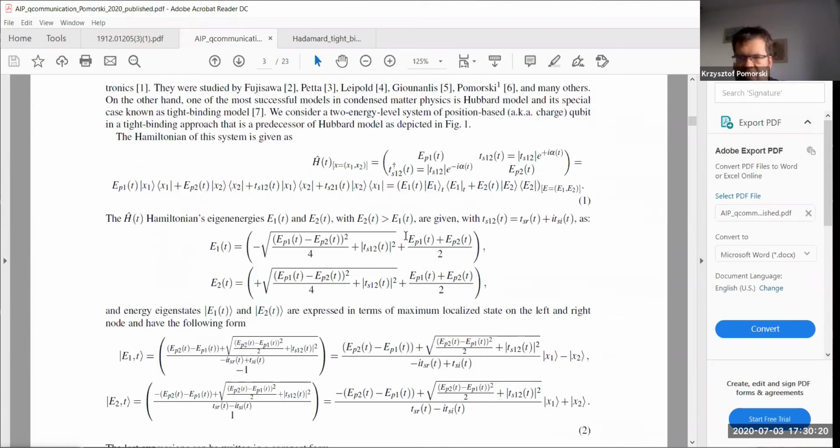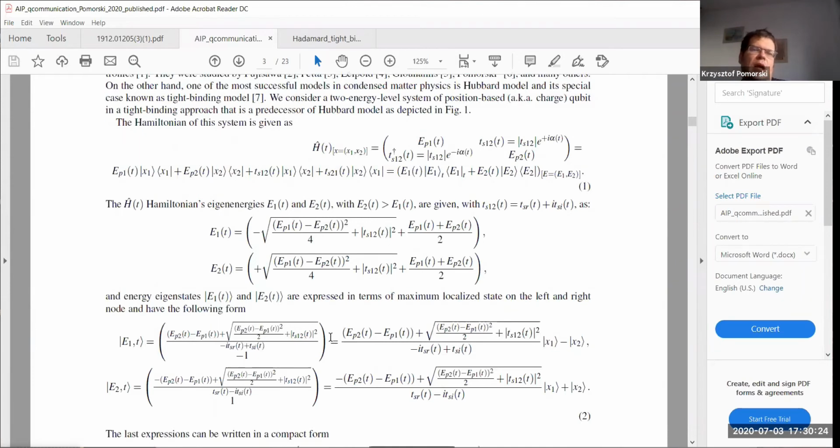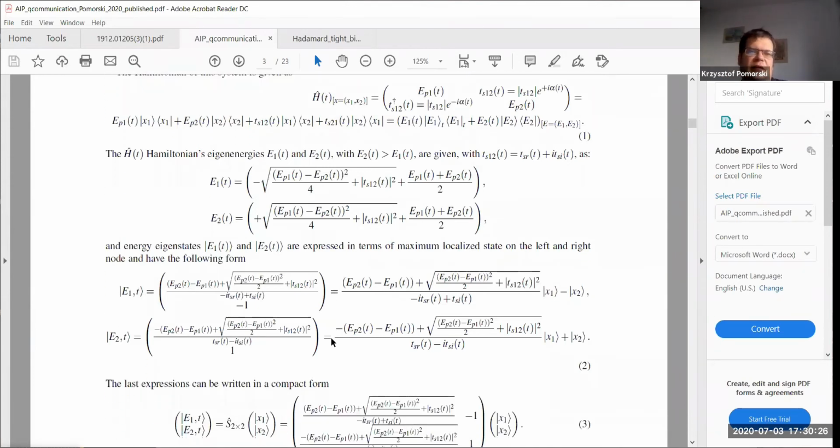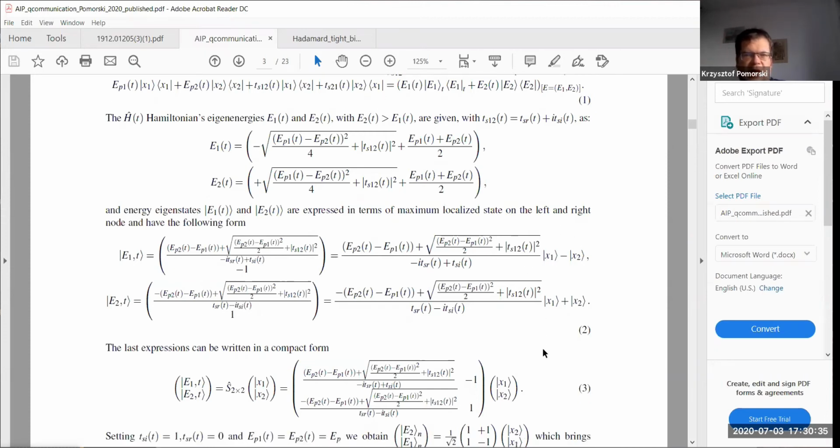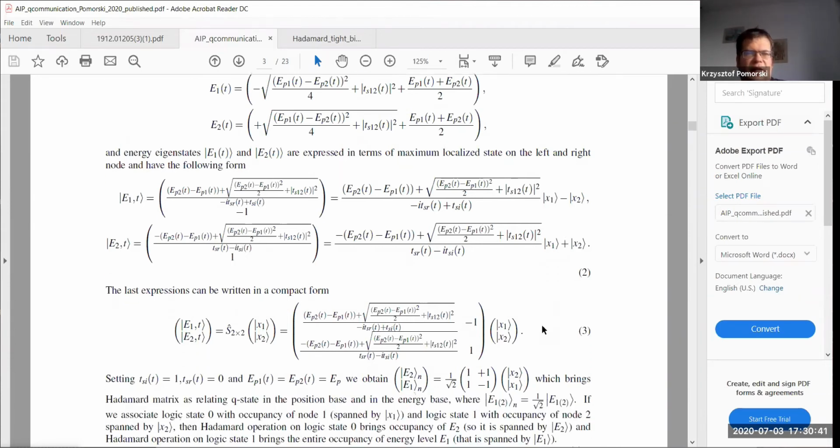This is the most minimalistic model of a position-based qubit. And then we have the eigenstates that could be represented in a spinor or in such a cat form.